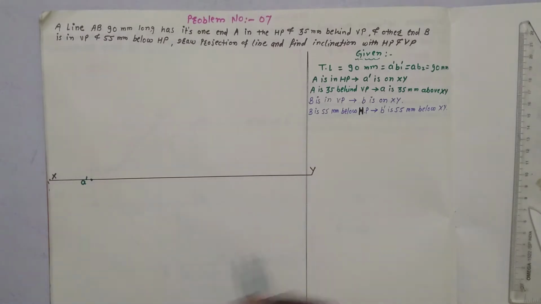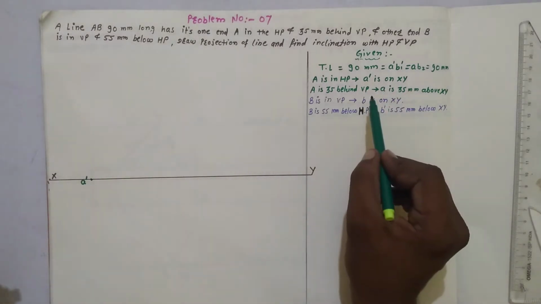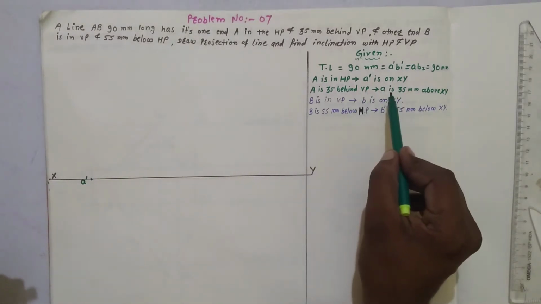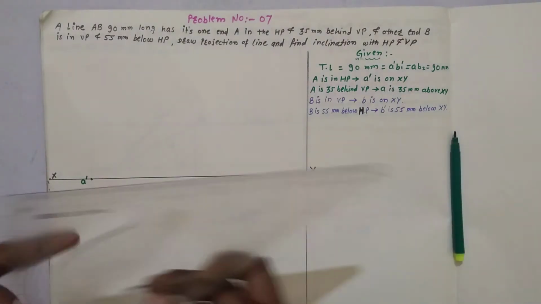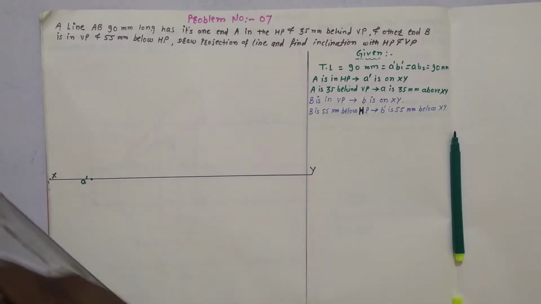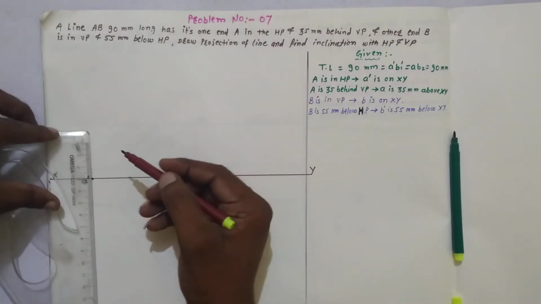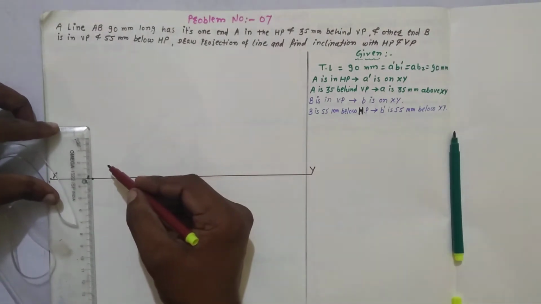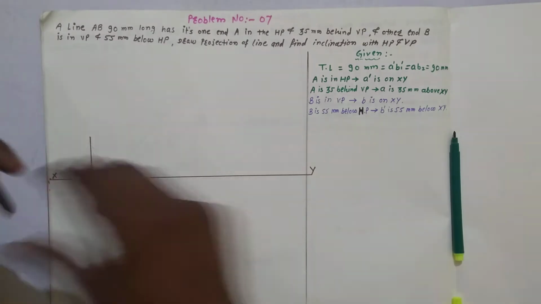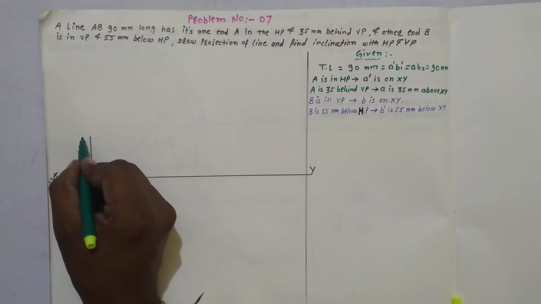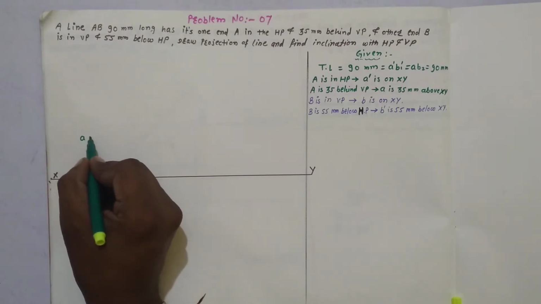So A dash is already located. Now we have to draw A 35 mm from the XY line. Take 35 mm distance in the scale and mark the point. Now this point is A.